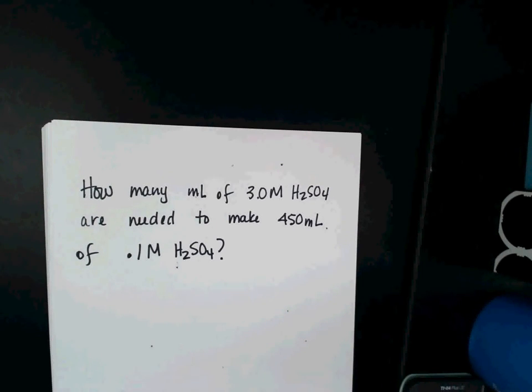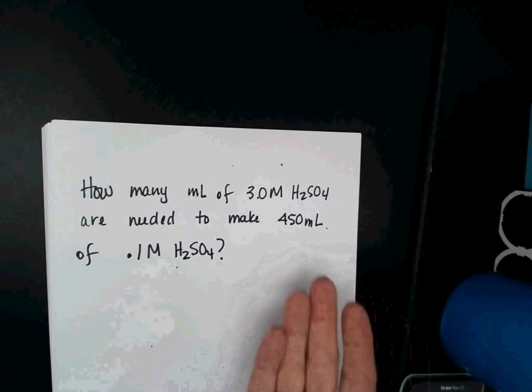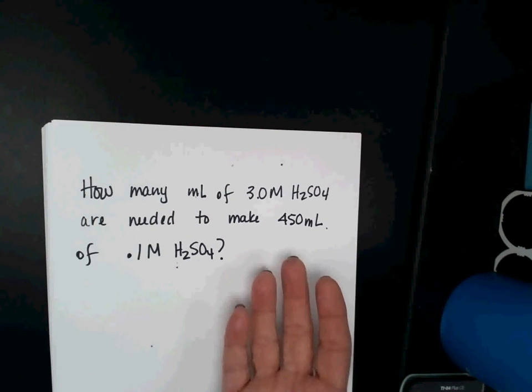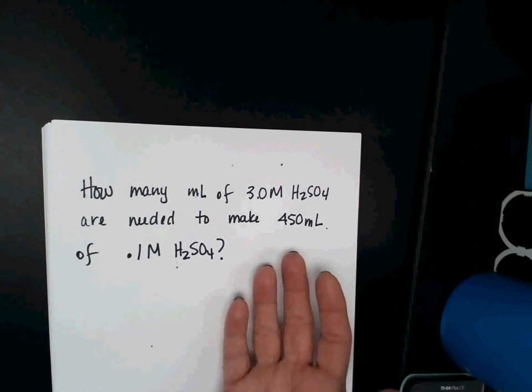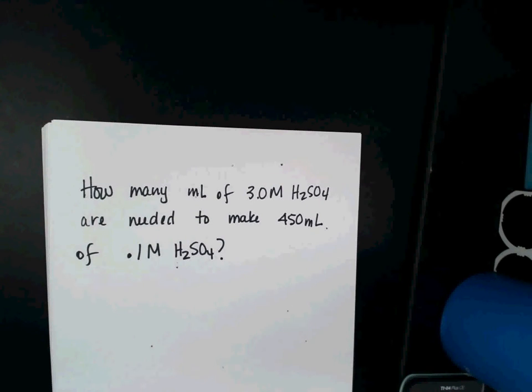Set it up, calculate. Look for your concentrated, look for the one that's not concentrated, or the diluted, I should say. So basically this is asking you what volume of concentrated acid do you need to dilute.